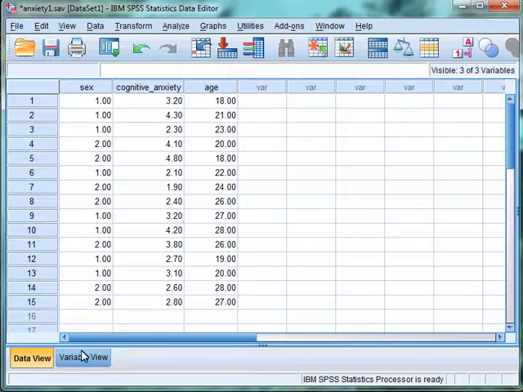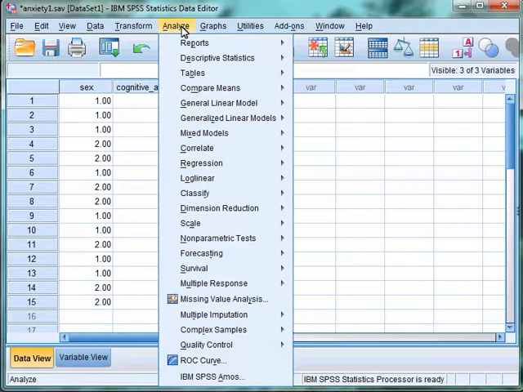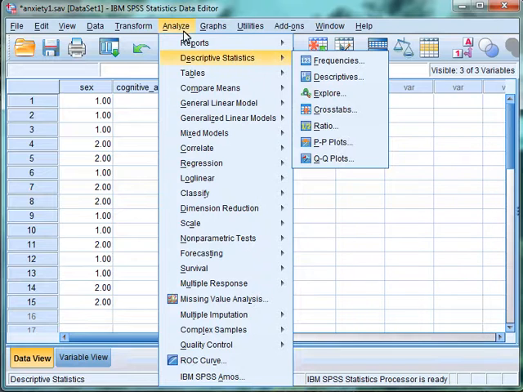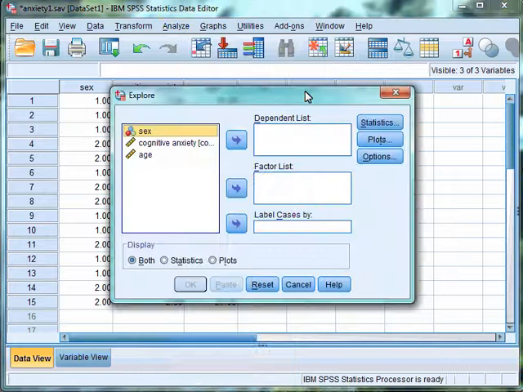So, if we select the Analyze menu, go to Descriptive Statistics, and then select Explore, we can test both of these assumptions. As we said before, in this example, cognitive anxiety is our dependent variable and sex is our independent variable.